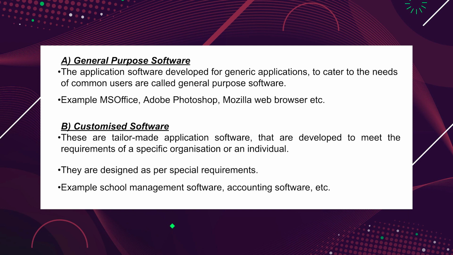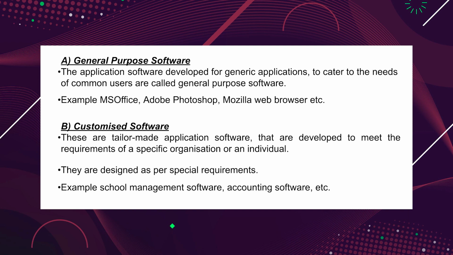This specific software that works on the top of the system software is termed as application software. Application software refers to the computer programs or software applications designed to perform specific tasks or provide specific functionalities to end users. There are two broad categories of application software: general purpose software and customized application software.